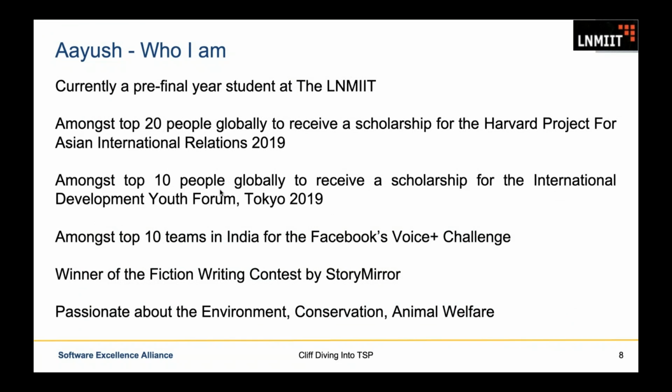My name is Aayush Mishra, and I'm currently a pre-final year student at the LNMIIT. I am pursuing a Bachelor's of Technology in Computer Science, and I'll talk briefly about a few of my achievements. I was selected amongst the top 20 people globally to receive a scholarship for the Harvard Project for Asian International Relations 2019 at Harvard University.